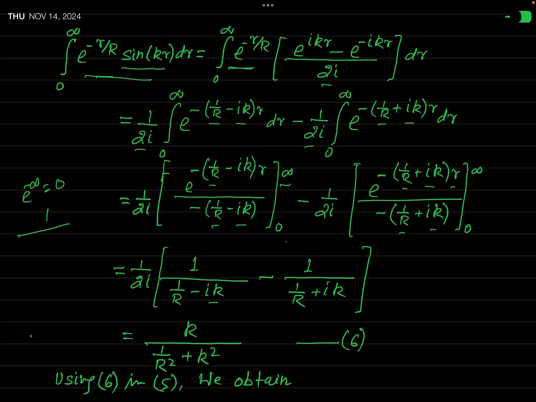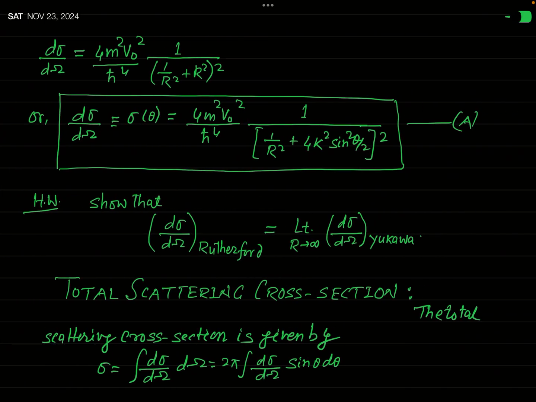So let us use this result. The differential scattering cross section is given by 4m² v₀² over ħ⁴ times 1 over (1/R² plus κ²) whole squared.